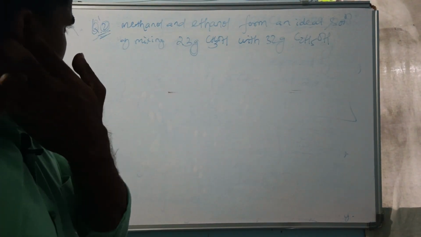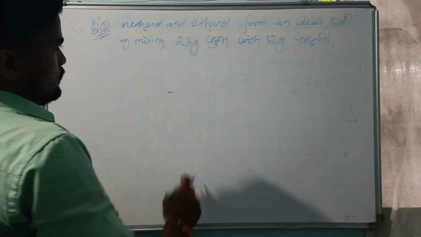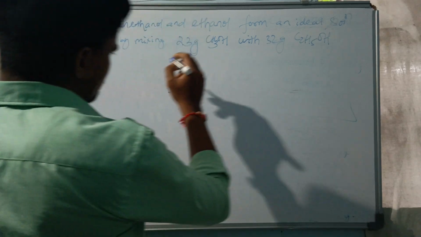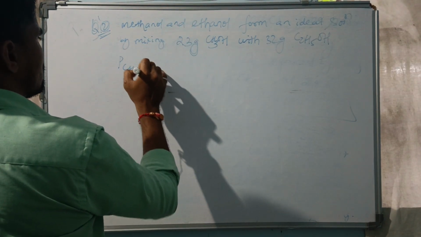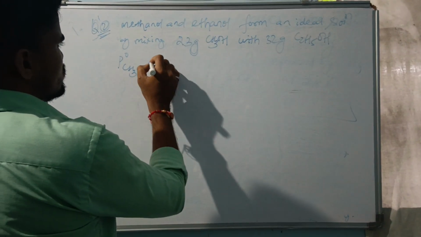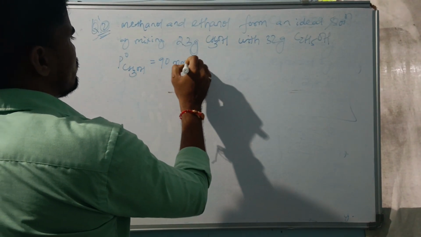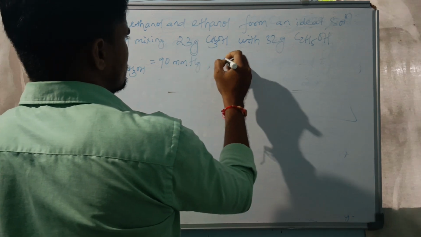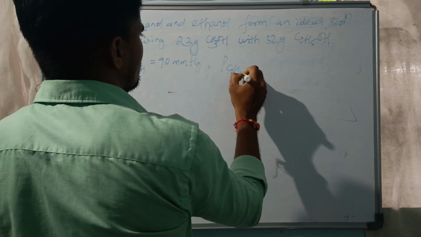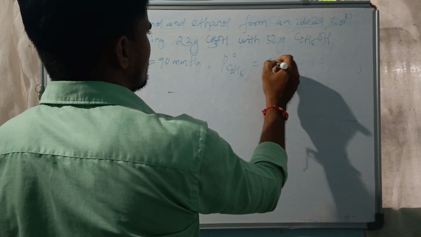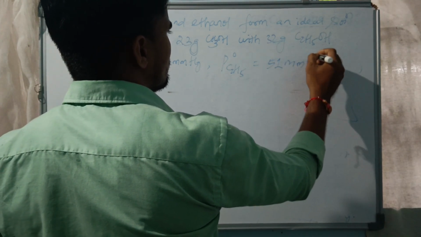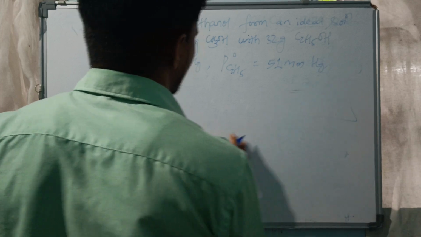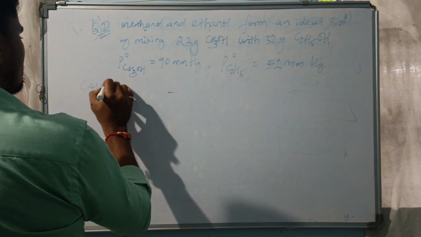They prepare a solution, right, to form an ideal solution by mixing this. Okay, and P naught of methanol is equal to 90 mm Hg and ethanol P naught is equal to 51 mm of Hg respectively.